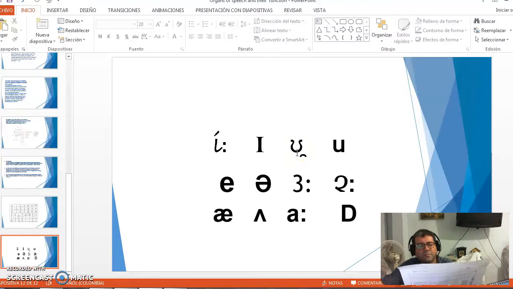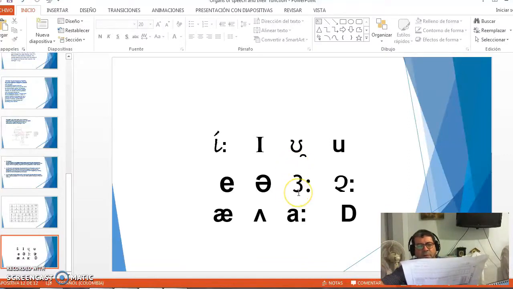Here, as in up, preposition up, the mouth is really open, and the sound comes from the back part of the mouth. Then we have oo, like in look, the mouth is narrow, and the sound comes from the front part of the mouth.